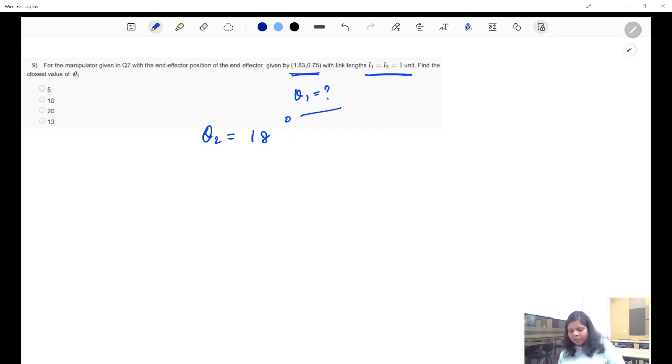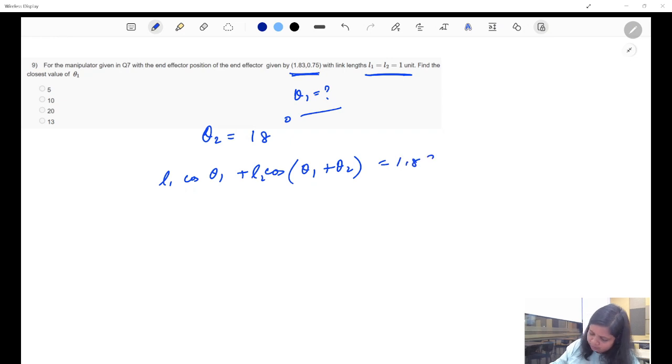And apart from this, what we also know from the first equation, we had cos theta 1, so L1 and L2 were also there. Okay, I'll write it for the first time. Cos of theta 1 plus theta 2 is equal to 1.83. From here you can write cos of theta 1 plus 18 degrees is equal to 1.83.